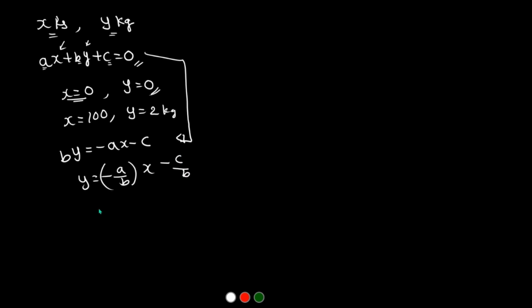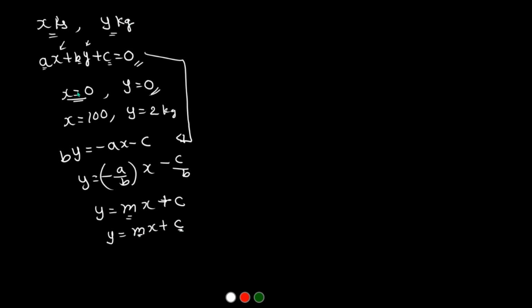Let's take minus a by b as another constant, m for the time being, and c by b as another constant, like c. This is another c, not the same c; the entire term is one constant. So we can write the linear equation in one more form: y is equal to mx plus c.